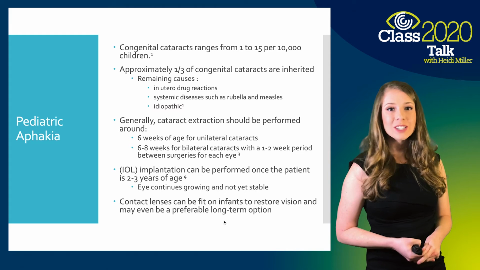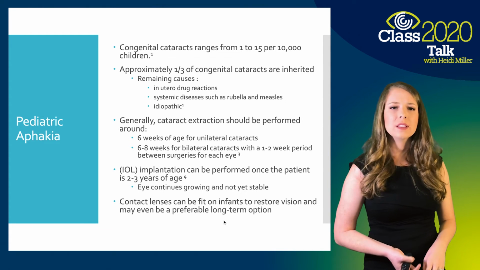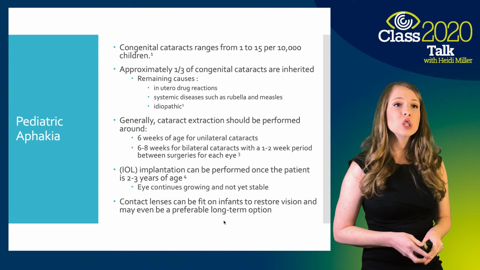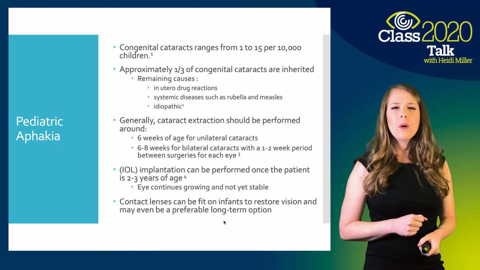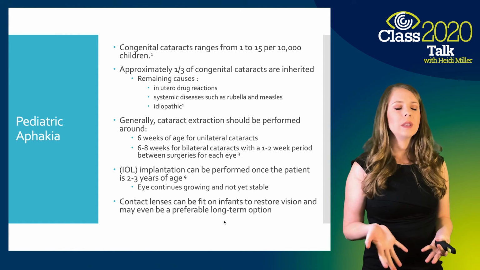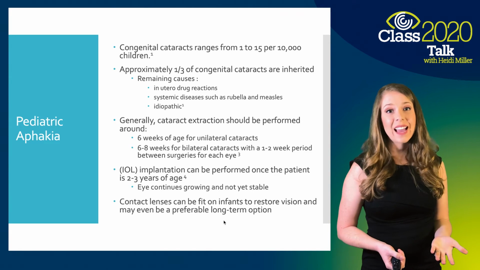I did ask one of my pediatric ophthalmologists what her preference was, because everyone probably has a little bit of a different preference on timing. And she actually said the longer we can wait, the better. So what determines the longest that we can wait? It usually comes down to how well we're doing with the contacts.